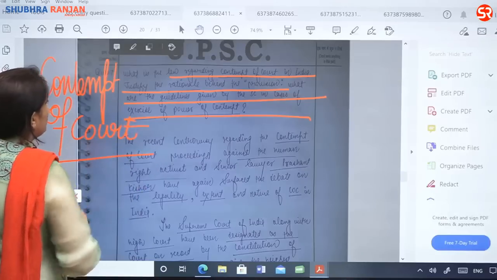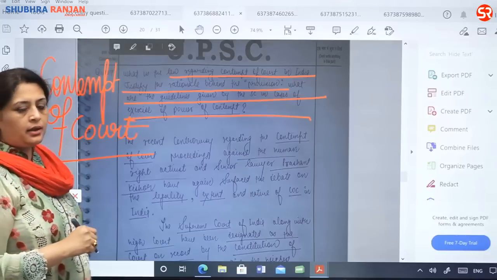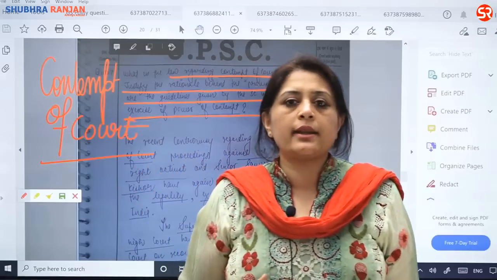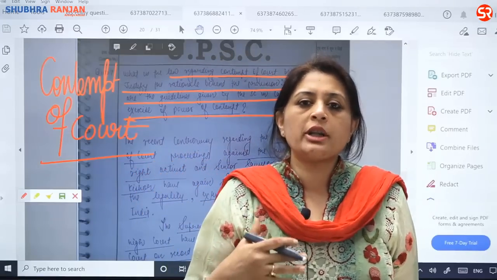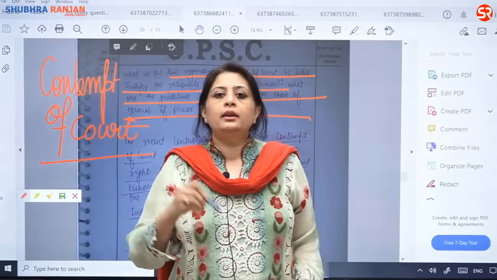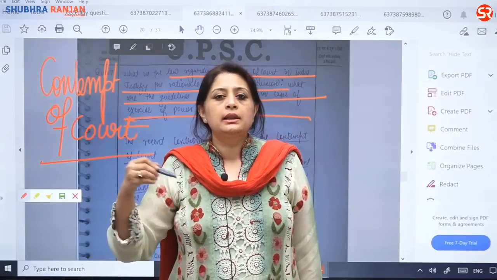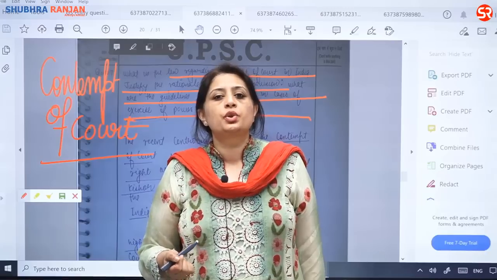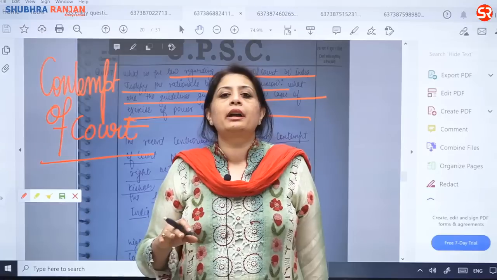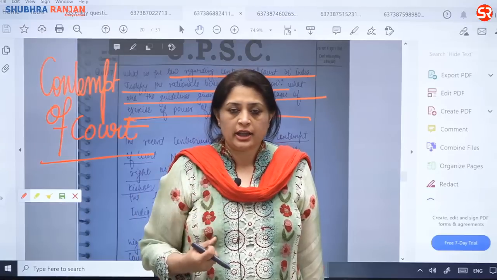Fine. So what you can say is that the origin of contempt of court can be traced to common law tradition. And in India, this provision has been traced to the British tradition. And then you should have explained the rationale.